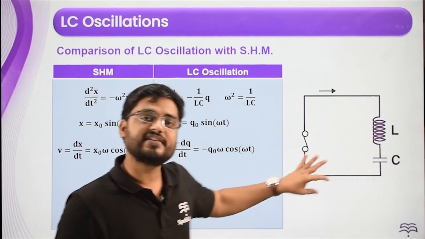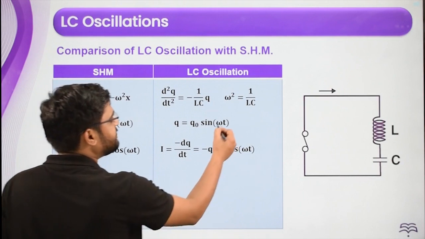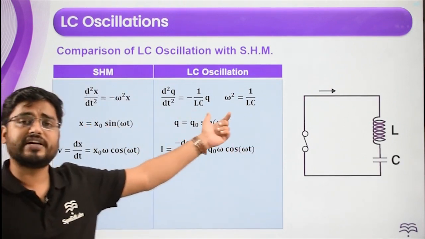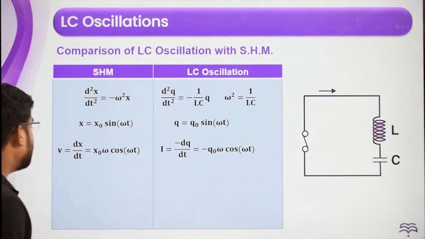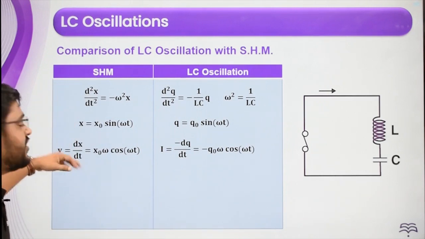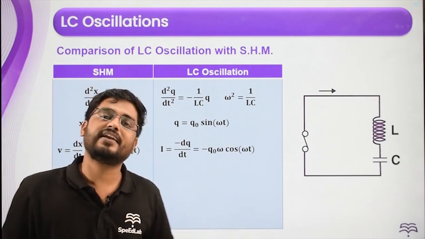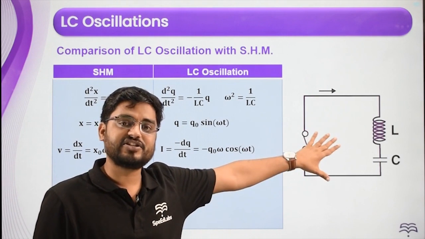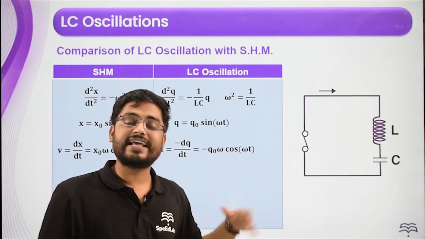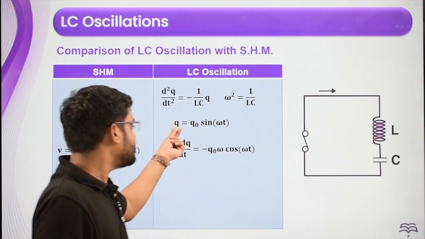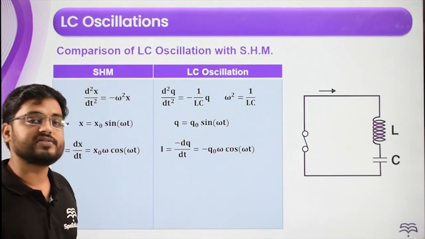If charge is maximum, then we can write plus pi by 2, or say it is cos omega t. So here the position and velocity show the sine and cosine graphs, while in an LC circuit where a charged capacitor is connected, the charge and the current both show the oscillation.